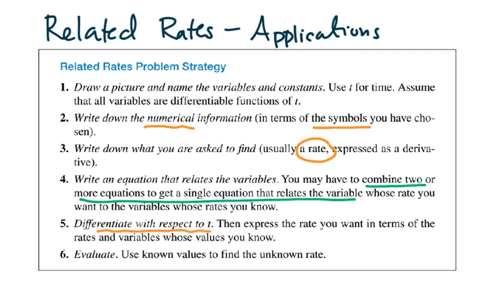So again, we might have a function in terms of x and y, and we're going to take the derivative with respect to t. Or it could be some other variable, it's just t is what we most commonly use. And then at the end, once we have our derivative, and remember a derivative represents a rate of change, then we can evaluate what we're dealing with.